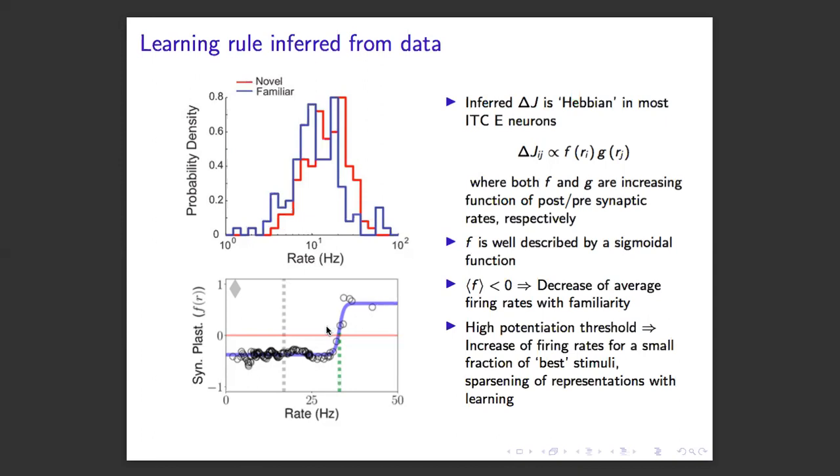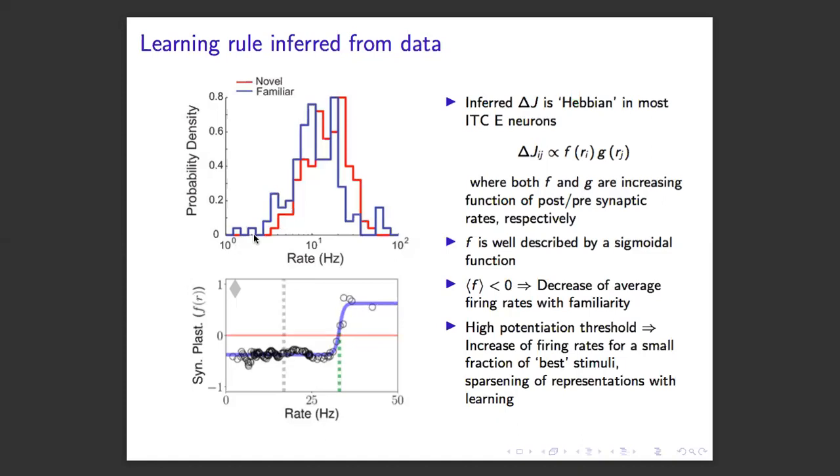On the other hand, for putative inhibitory neurons that have narrow spike width, what we find is basically a flat curve. Essentially, there is no dependence on the postsynaptic firing rate, and it is flat and negative. This is actually consistent with a model in which there is no plasticity in inhibitory neurons. In fact, in inhibitory neurons, the distribution for familiar stimuli is essentially the same shape as the novel one, but pushed toward the left.